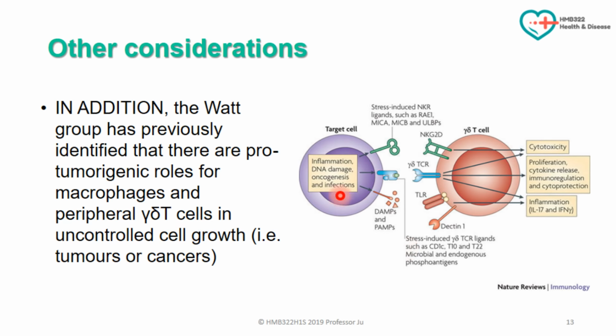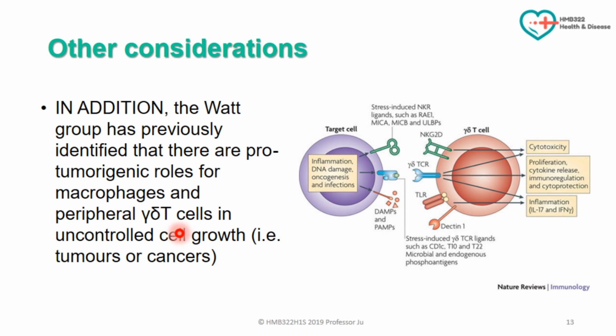So Fiona Watt's group is, again, kind of out there a little bit. If you've learned about this in your IM 250 class or in other IM classes, that's great. But she's a little bit out there in terms of her model system that she's looking at. And one of the particular types of T cells that she's interested in are these peripheral gamma delta T cells.